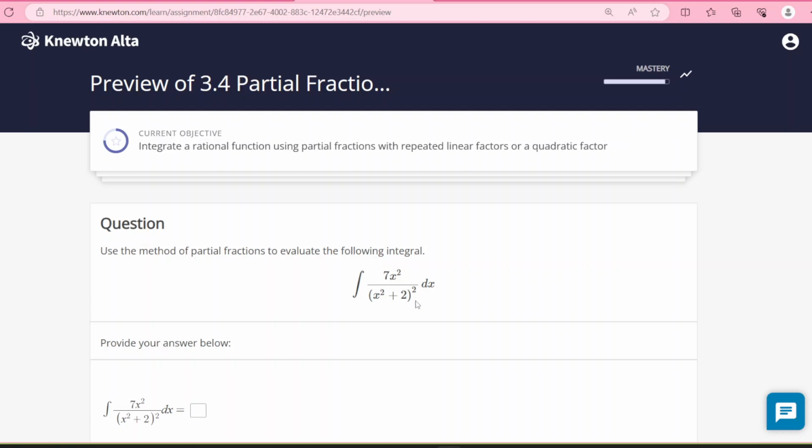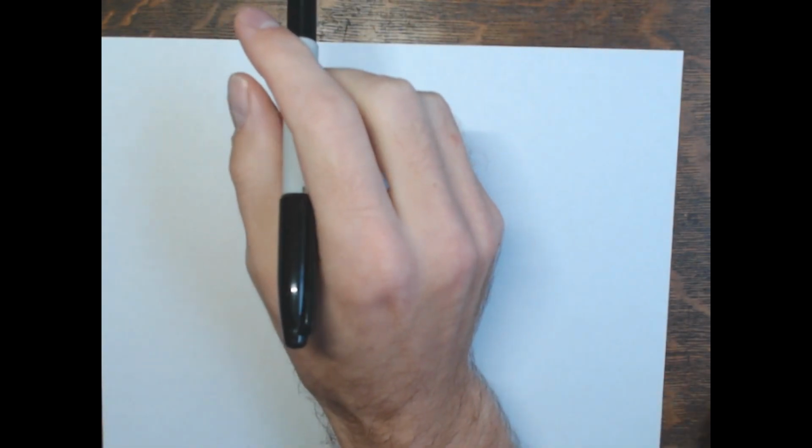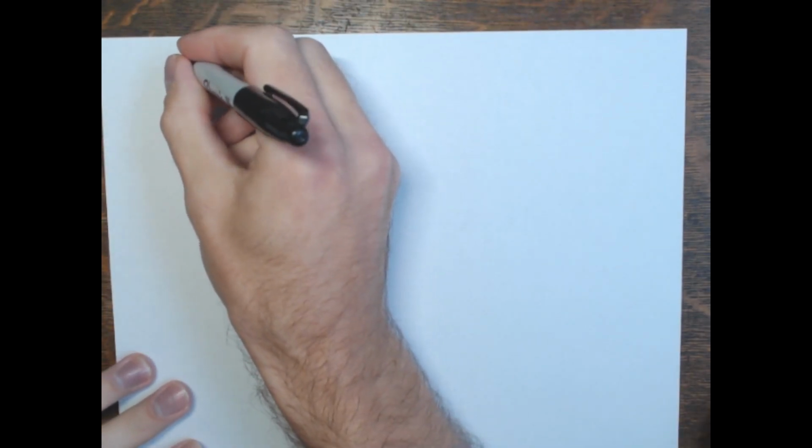So yeah, not a lot is going to change, but it'll change enough to where I do want to write it out. That is unfortunate, but I'll write it out again. So let's get this on paper here.